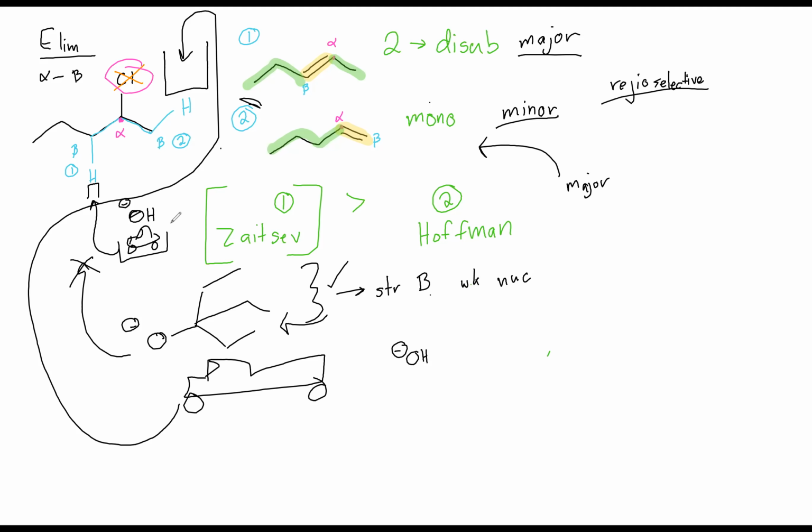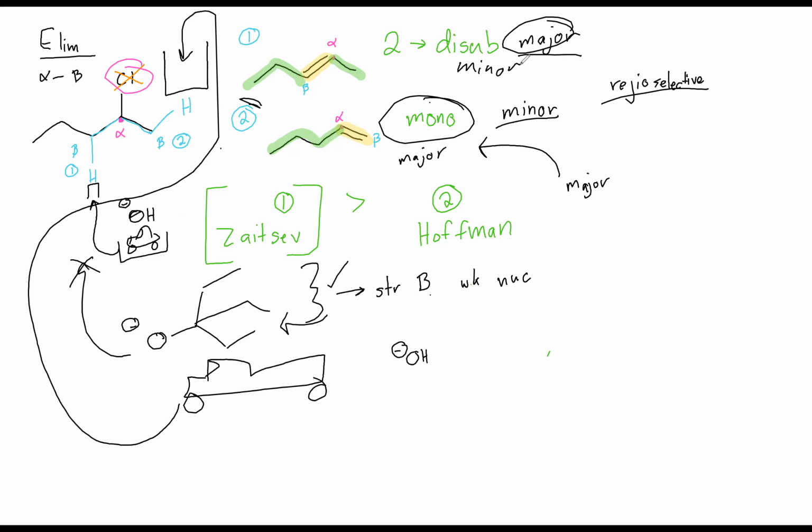So a sterically hindered base will contribute to a Hofmann product, and a small base will contribute to a Zaitsev product. Exactly. Okay? So if we have a big sterically hindered base, then our Hofmann product will be our major product, and our Zaitsev product will be our minor product. Okay? Does that make sense so far?